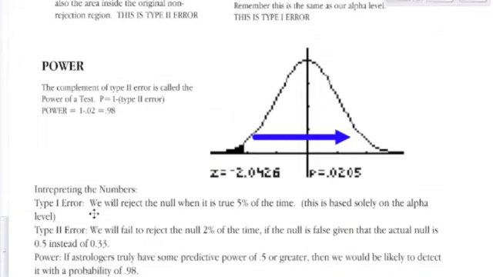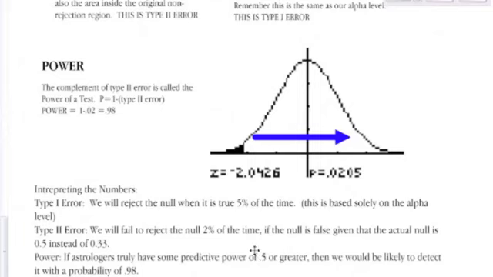If astrologers truly have some predictive power, in this case they suggested it was 0.5 or greater, then we're going to be able to detect that mean or more 98% of the time. So if I reject the null, I'm going to make a correct decision 98% of the time if I have an alternate mean of 0.5 or more.